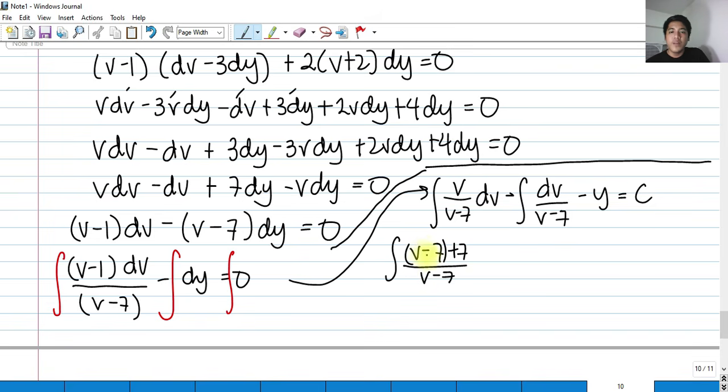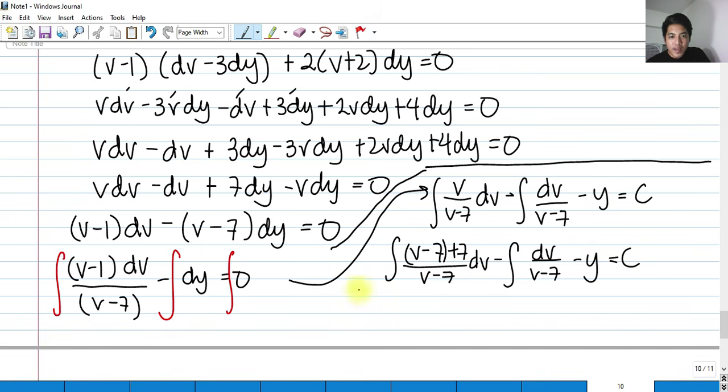As you can see here, v minus 7 plus 7 is still v. So I've done nothing wrong with it because it's still equal to v over v minus 7. That is one of the integral techniques in order for you to integrate this. So, the integral of dv over v minus 7, minus y equals c.